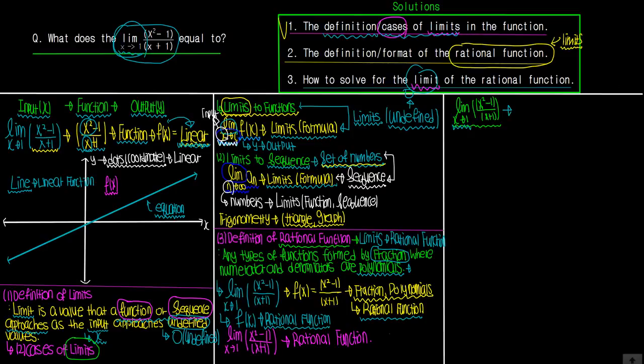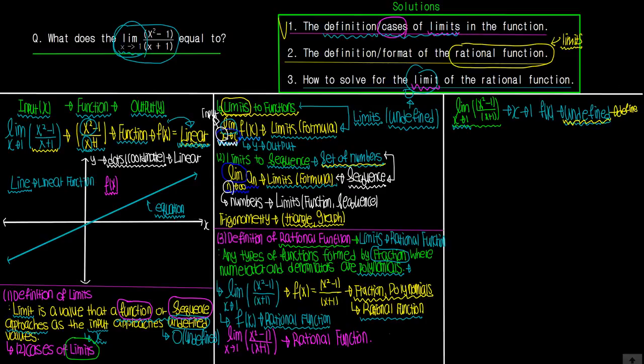It is getting closer but never touching. So when x is approaching 1, f of x is getting close to undefined. This is what it means. So we are trying to solve for the undefined values to make it defined.